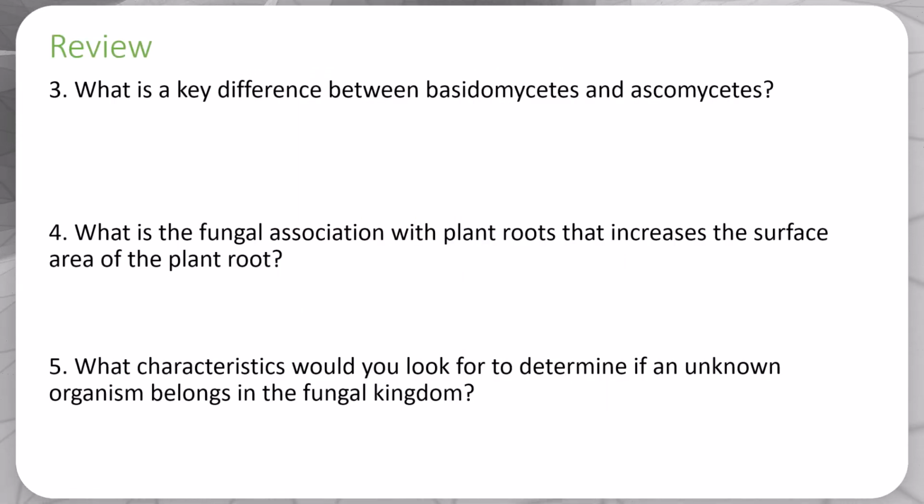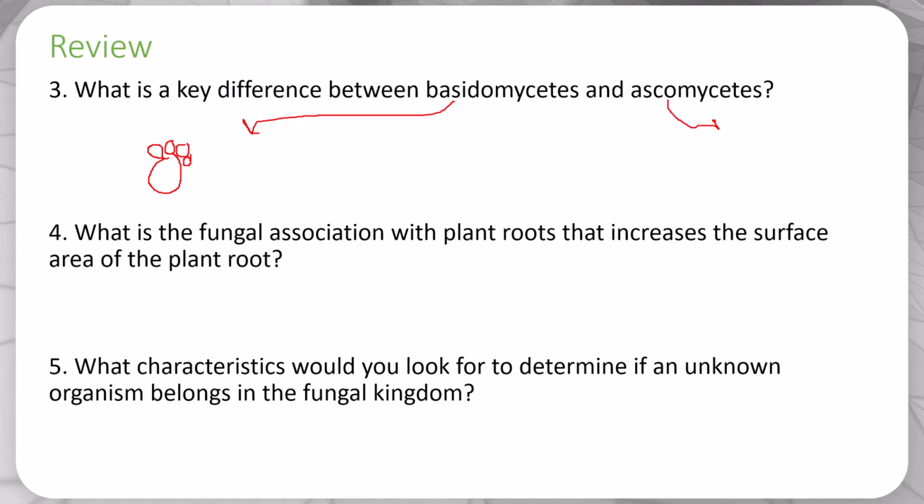So let's review what is a key difference between basidiomycetes and ascomycetes. That would be where the spores are produced. So basidiomycetes produce their basidiospores on club-like basidia, and then ascomycetes produce ascospores in a sac-like ascus.